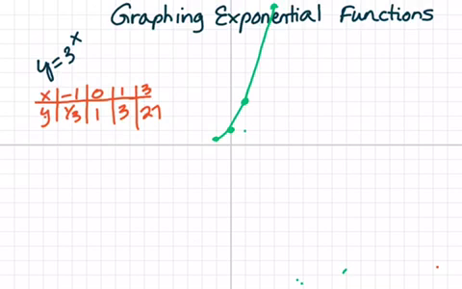And by the way, if I kept going this way, let me show you something. Let's say x is -4. Then y is going to be 3 times 3 times 3 times 3, multiplied 4 times.